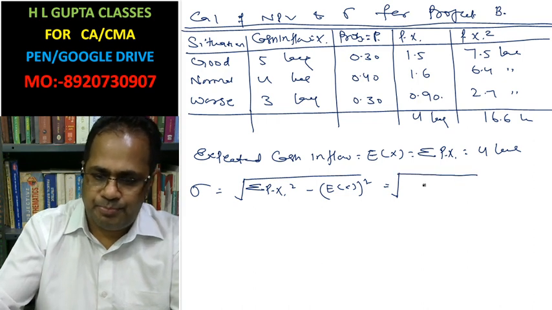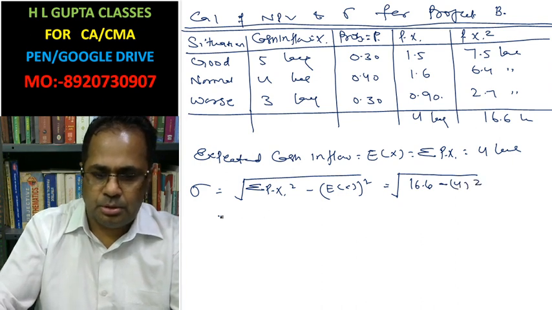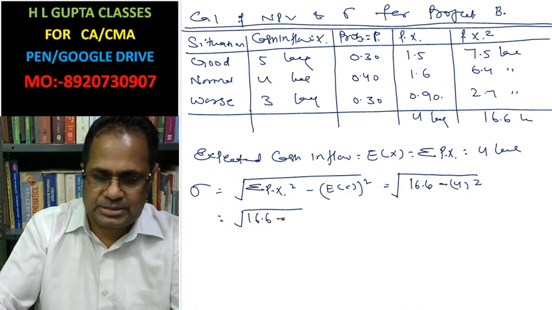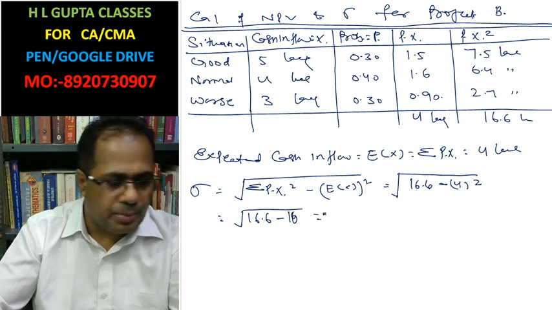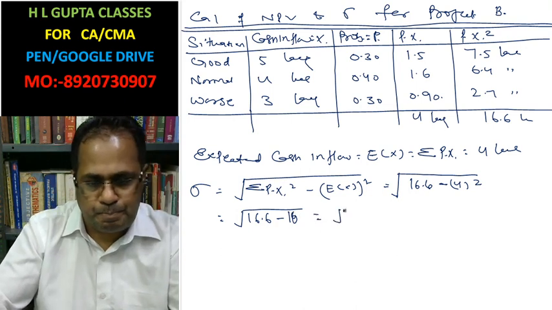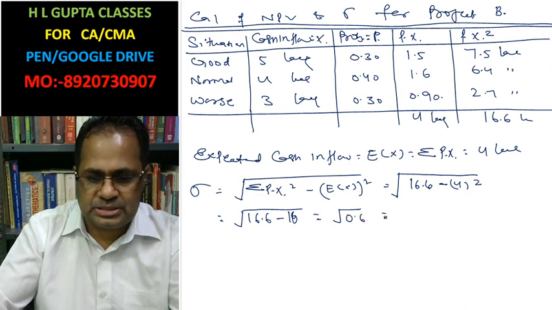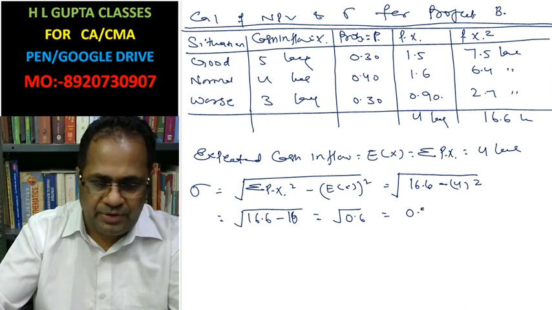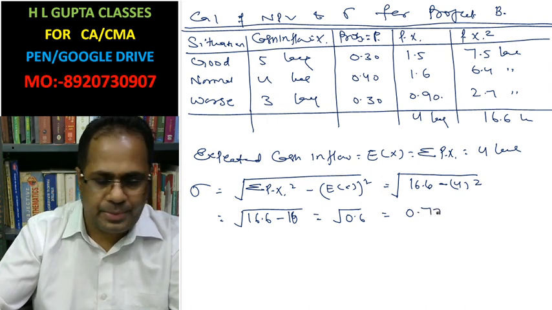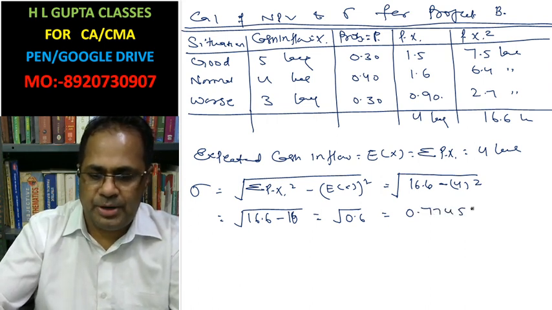This is 16.6 minus 4 squared, that is 16.6 minus 16, which is 0.6 lakh. The square root is 0.774596 lakh.